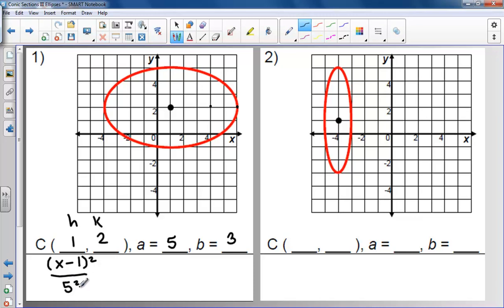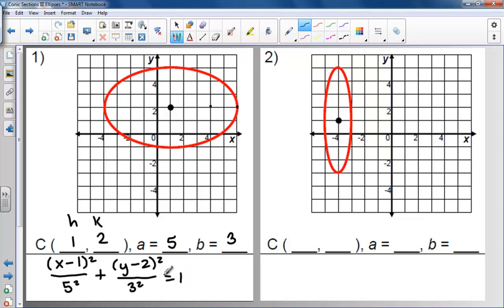And 5 squared is 25, so you can write that as a 25. For this particular one, I'm going to graph it also, so I'm leaving it in this form, and you'll see why in a minute. Y minus k squared over b squared is equal to 1.